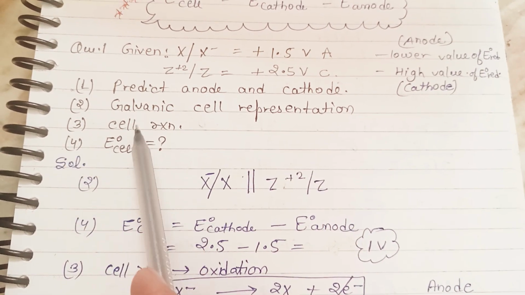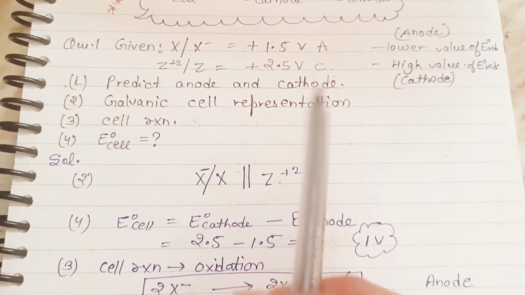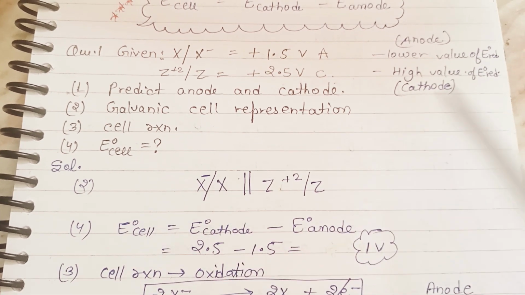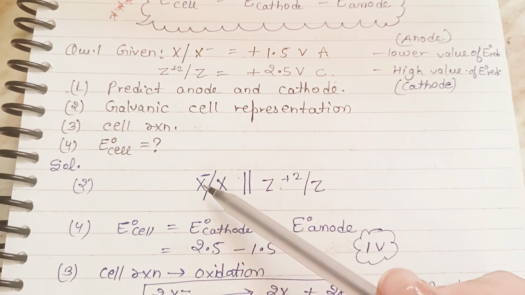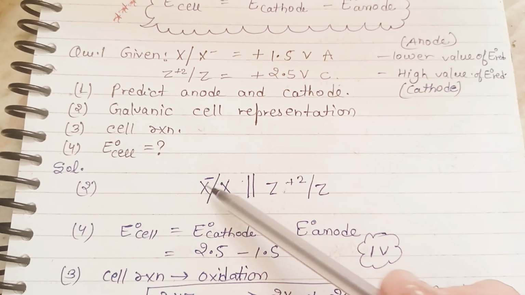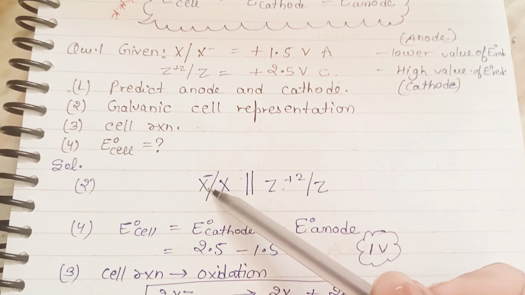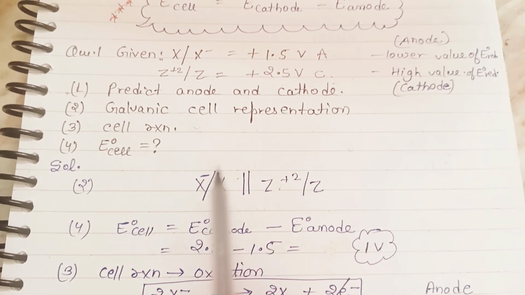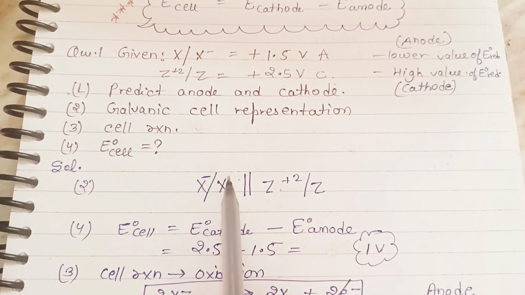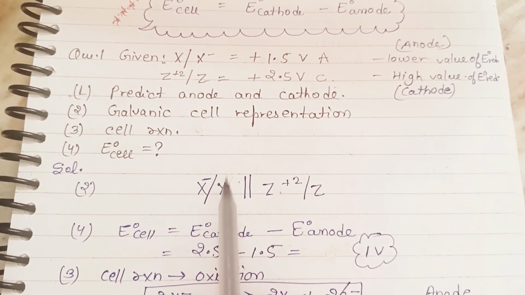Second, the galvanic cell representation. On the left side we represent anode: left, anode, oxidation and negative. So here from -1 to 0 the oxidation state increases.